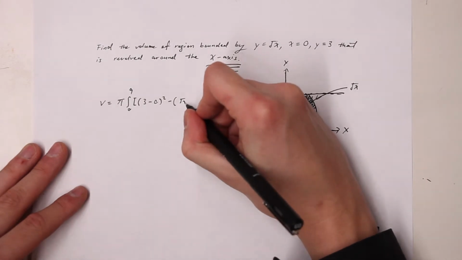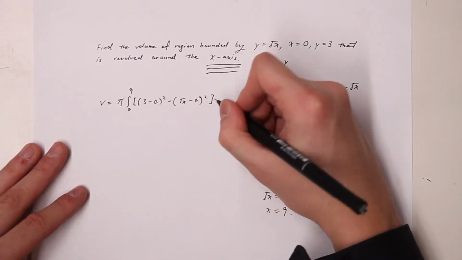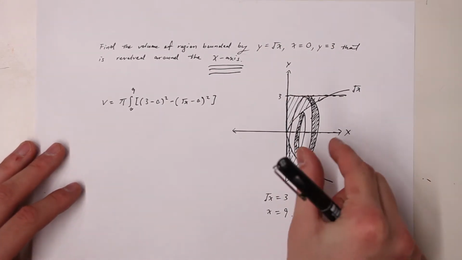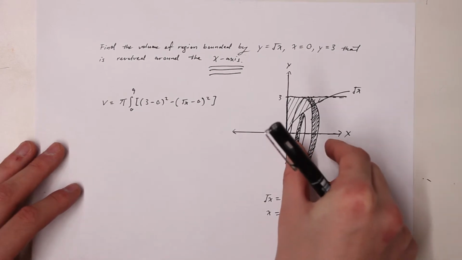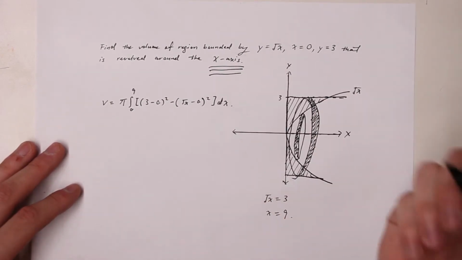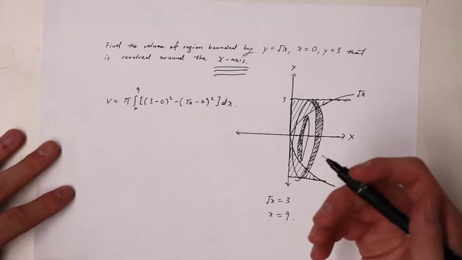So root x minus 0 squared. And obviously, to figure out what the dx is, you take your fingers and try to pick it up this way, and it's horizontal. So it would end up being dx. Now you have your skeleton outline.